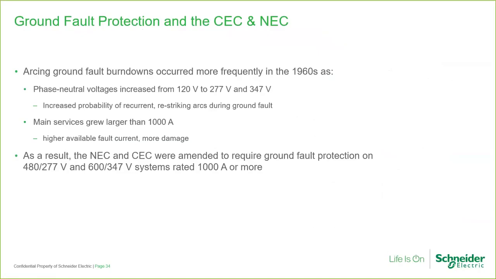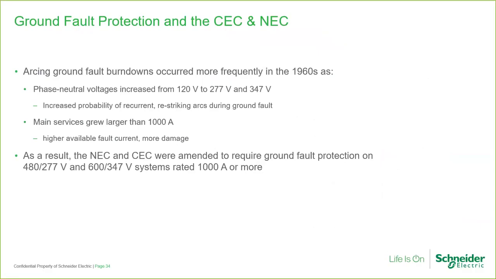Arcing ground fault burndowns occurred more frequently in the 1960s as phase to neutral voltages increased from 120 volts to 277 and 347 volts, leading to an increased probability of recurrent restriking arcs during ground faults. Main services grew larger than 1,000 amps, which caused higher available fault current and more damage.